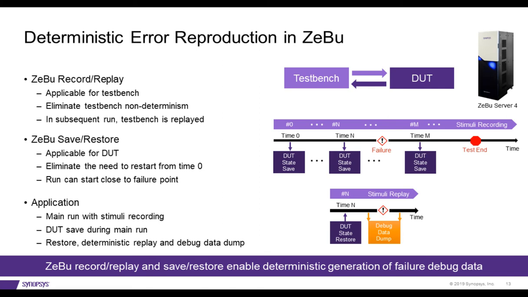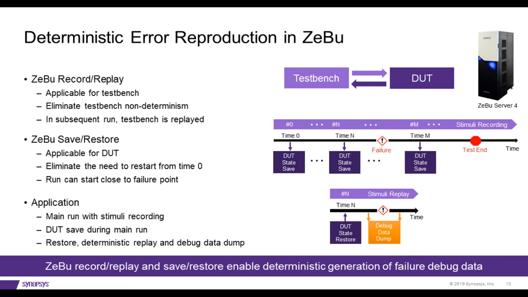Now, when you want to do the replay, as you can see, number one, we are not starting from time zero. We are actually starting from closer to the failure. So we are restoring the DUT at time n, and rather than using the test bench to drive the DUT, we are actually using the recorded stimuli, and we are replaying those to drive the DUT.